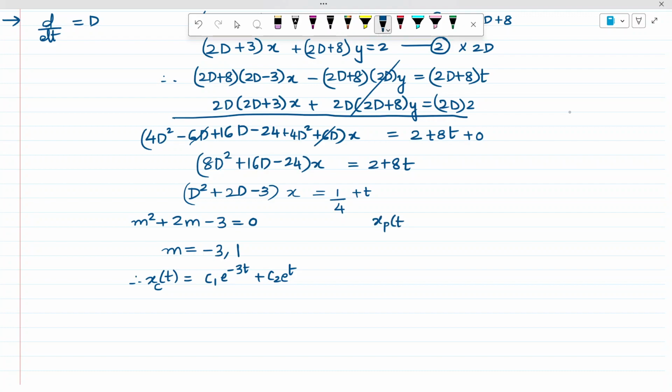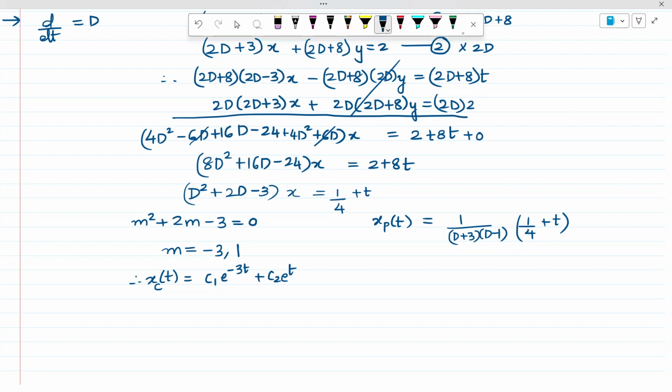The particular integral will be found by taking this function in the denominator. I can split it as D plus 3 into D minus 1. Is that correct? Applicable to 1 by 4 plus t. Now how do you apply it here? Partial fractions? Yeah, you can use the partial fractions method or you can do one at a time also. That is also going to work.